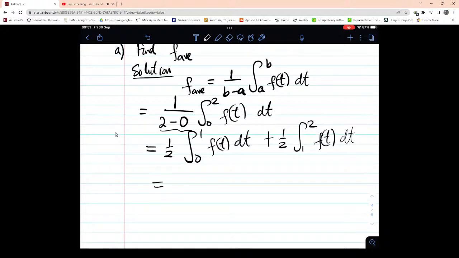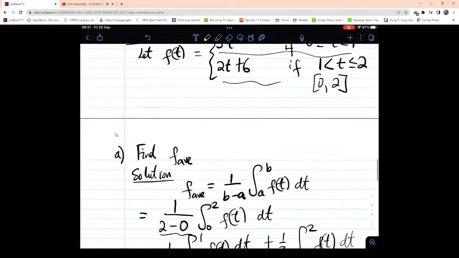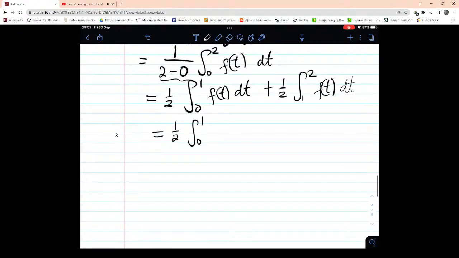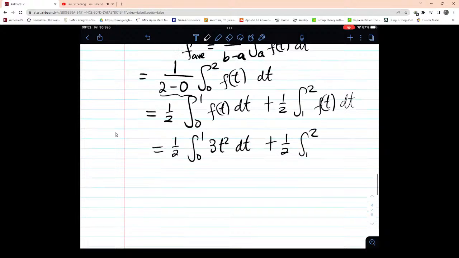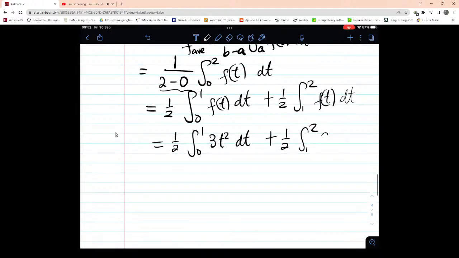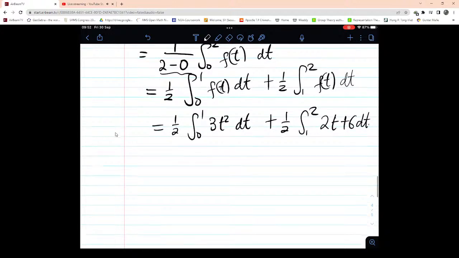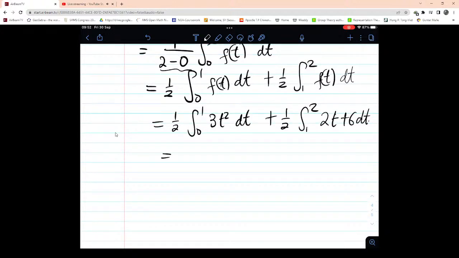And then we say half from 0 to 1 of 3t squared, and from 1 to 2, it is 2t plus 6 dt. And from there, we just do our normal integration. So we get t cubed from 0 to 1 plus half.